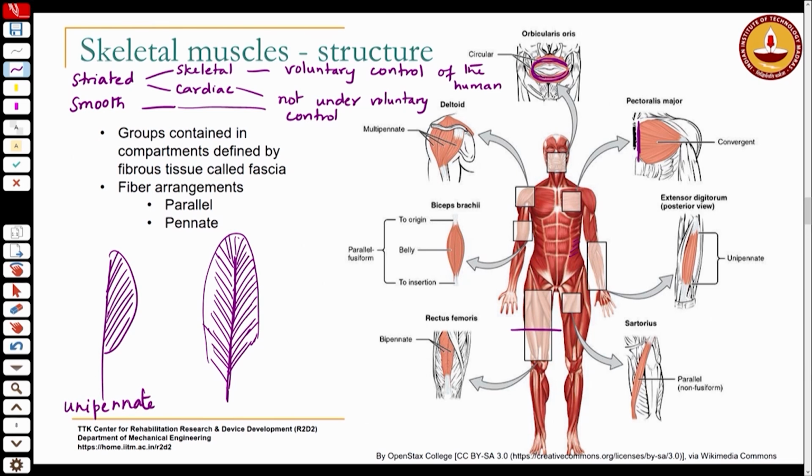It is not very clear from this diagram. If it is on both sides of that central tendon, if the fibers are diverging out like that, then this is called a bipennate.